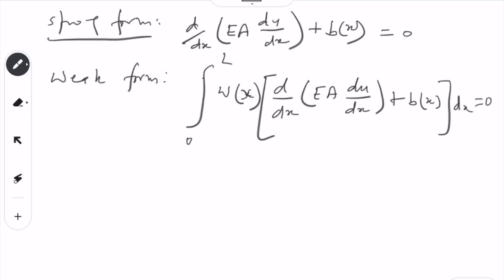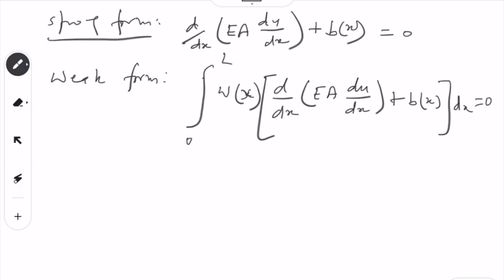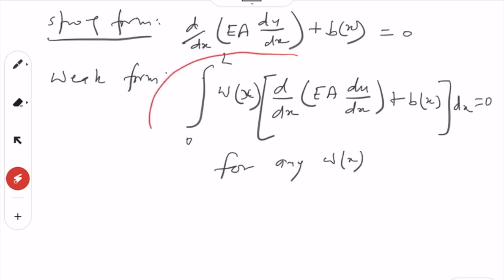So we have this which will be a weak form basically, and this is true for any w(x). Regardless of what w(x) we choose, this should be valid.